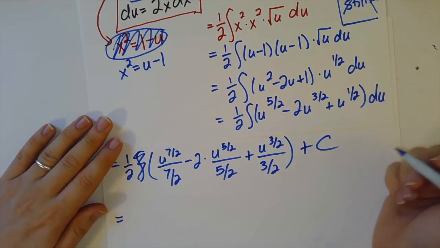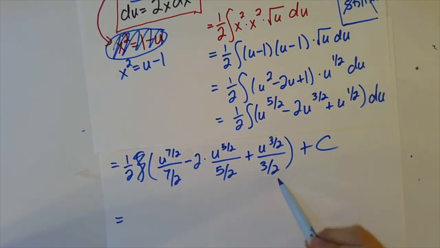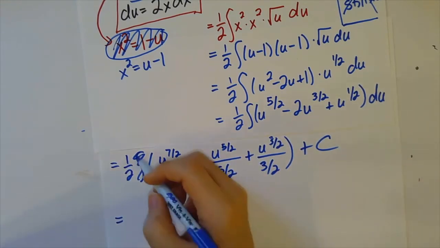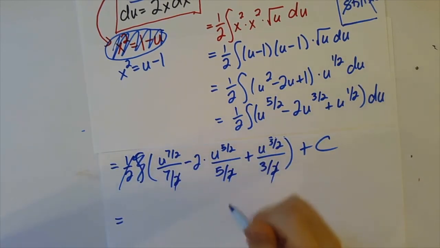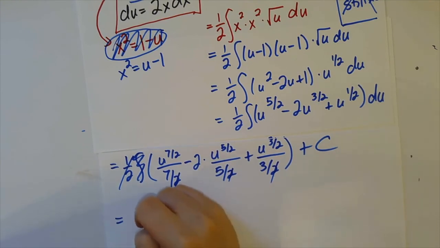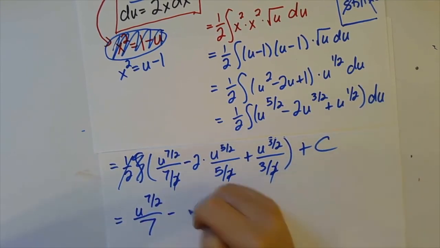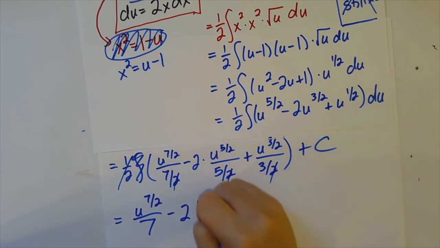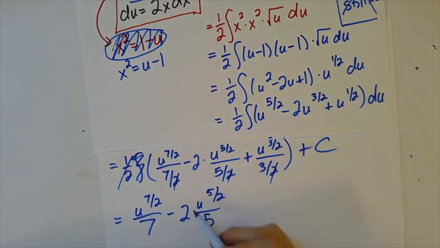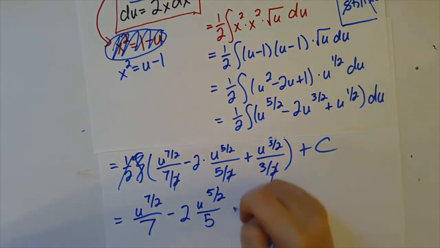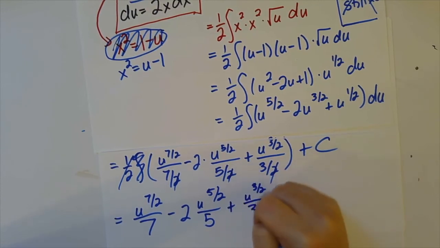Clean that up a little bit. So all of these 2's are going to end up in the numerator, so I can cancel this 1/2 with each of these 2's. And so this is going to equal u to the 7/2 over 7 minus 2 u to the 5/2 over 5. You could put this 2 in the numerator of the fraction or out front, whichever works for you, plus u to the 3/2 over 3 plus c.